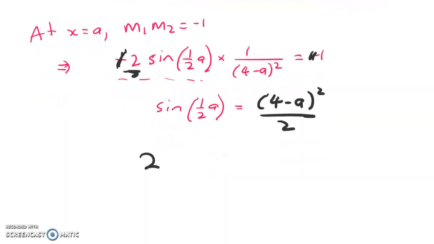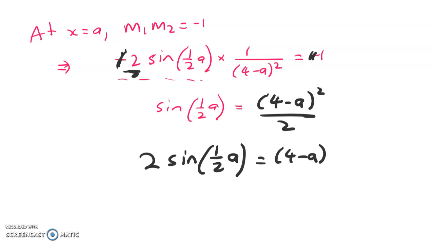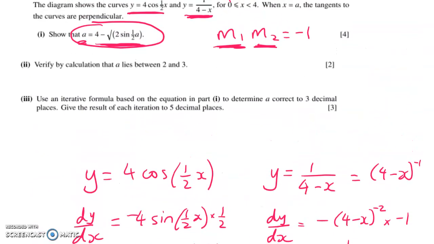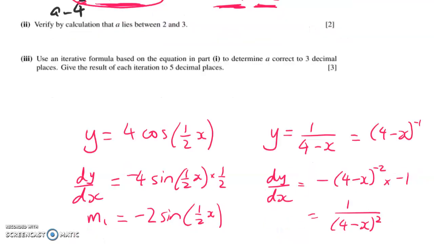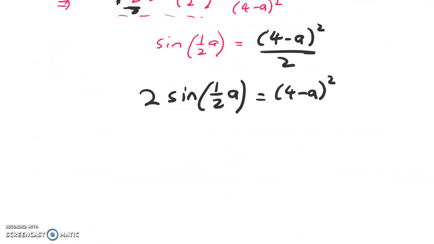That gives me 2 times sine of a half a is equal to 4 minus a squared. You can see where we're trying to get to. We've got a here and we've got 4 here, so this looks like it's come out of an a minus 4. We can see that 4 minus a squared is the same as a minus 4 squared.